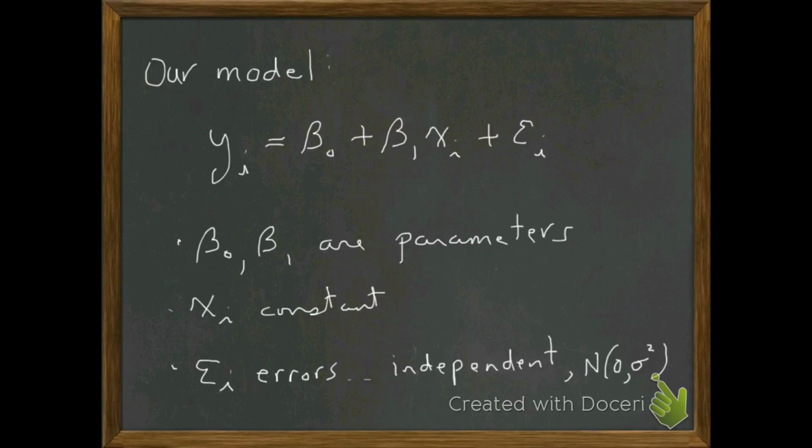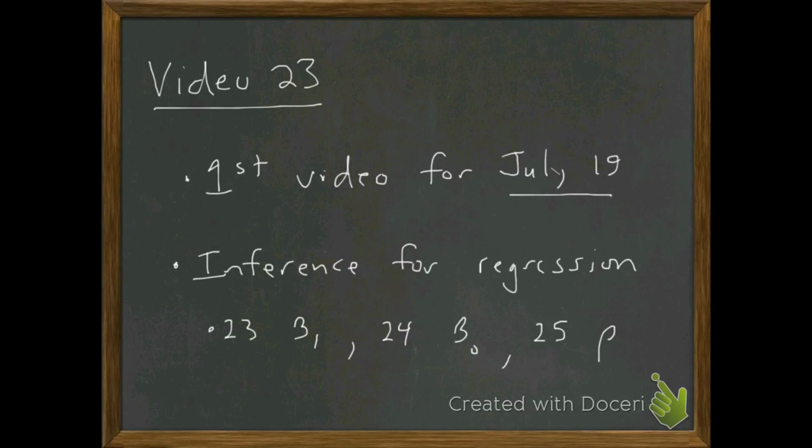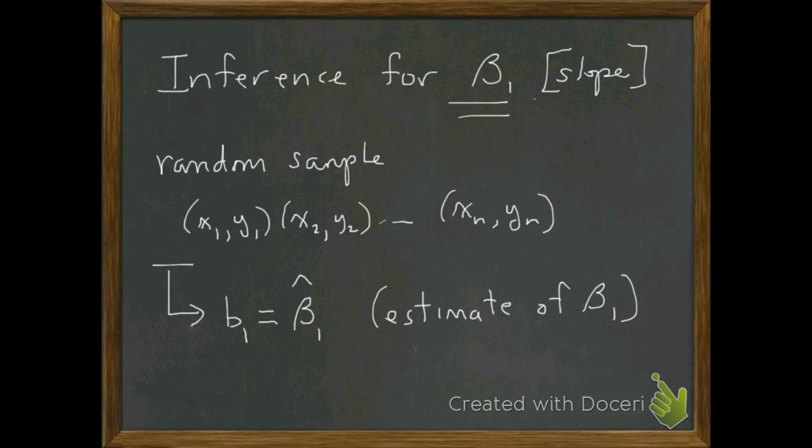I forget, what is this, video 23? Yeah, the matrix approach will probably start in, sorry about that, probably video 26. So guys, at the end of the day, we create a B1, which is used to estimate beta 1.